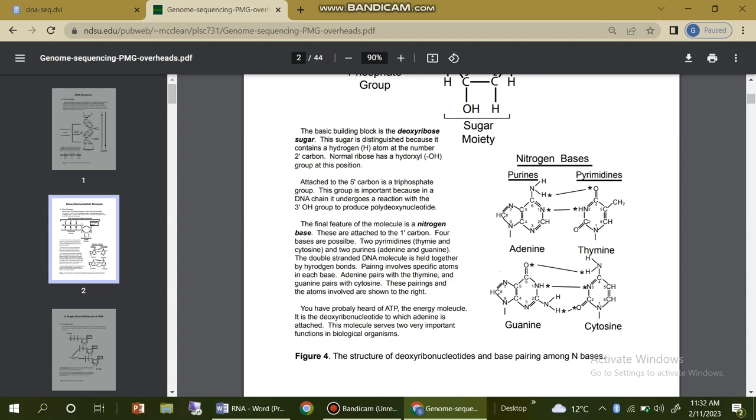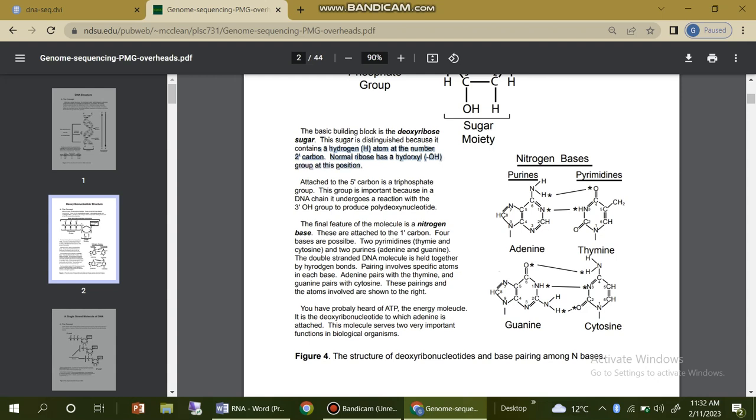Also, you can see here the basic building block is the deoxyribose sugar. This sugar is distinguished because it contains a hydrogen atom at the number 2 carbon. Normal ribose has a hydroxyl group at this position.